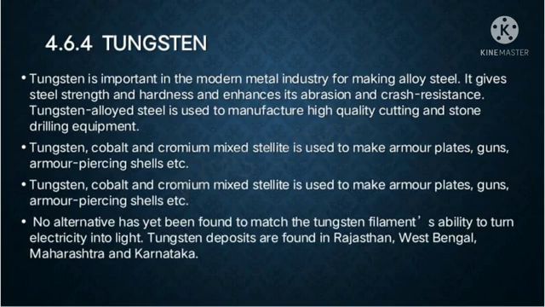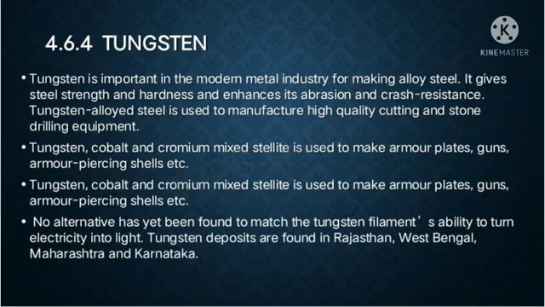Next mineral is tungsten. Tungsten is important in the modern metal industry for making alloy steel. It gives steel strength and hardness and enhances its abrasion and crash resistance. Tungsten alloyed steel is used to manufacture high quality cutting and stone drilling equipment.